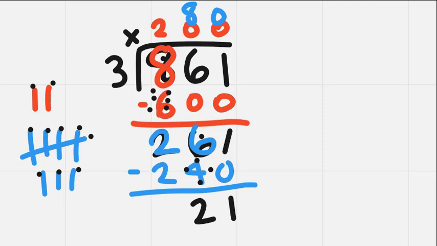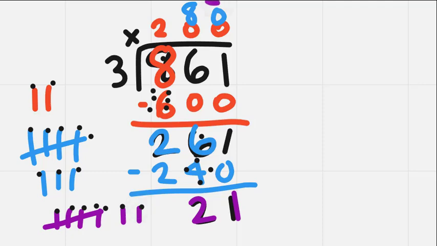Next, we'll look at the 2, which is too small, but now we can look at 21. So we're going to count by 3 until we get to 21 without going over. 3, 6, 9, 12, 15, 18, 21, 24. Too high, so we stop at 21. Let's count. 1, 2, 3, 4, 5, 6, 7.